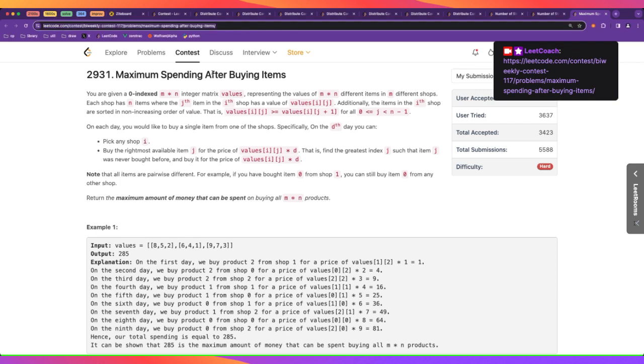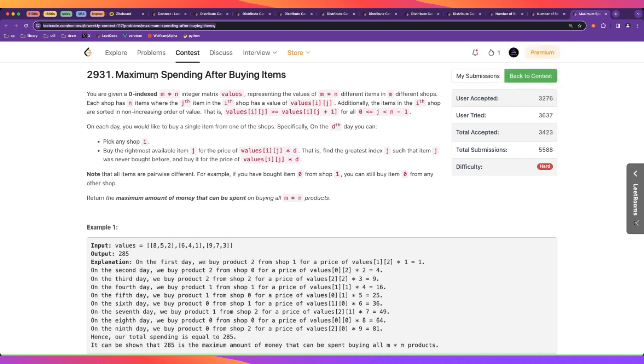So maximum spending after buying items. It's weird that you want to maximize your spending. Well, I guess if you are the seller. Anyway, so yeah, this statement is a little complicated.